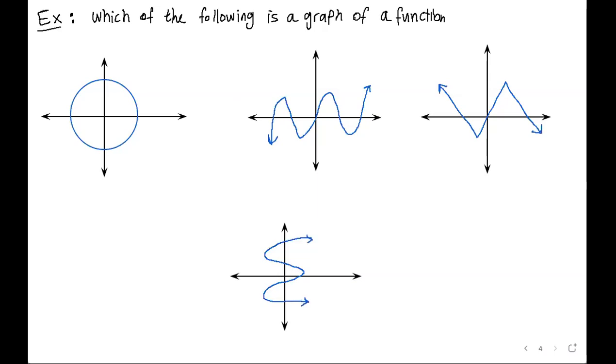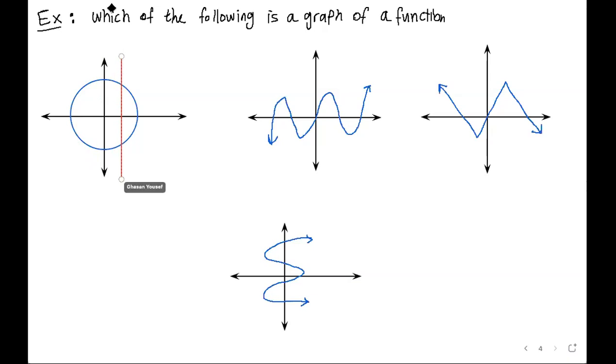Who will do the first one? Me. Yes. What's the answer? That one isn't, right? No. Why? Because it intersects at 2 points. So it's not a graph. Exactly. Nice. So look, by using the vertical line test, the red line intersects the blue curve at 2 points.